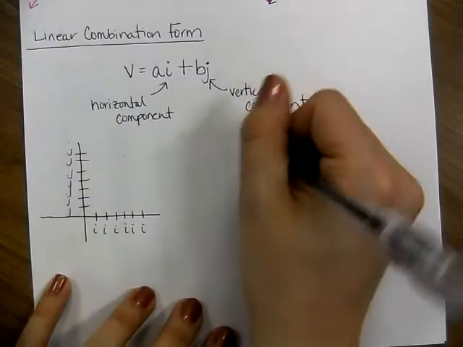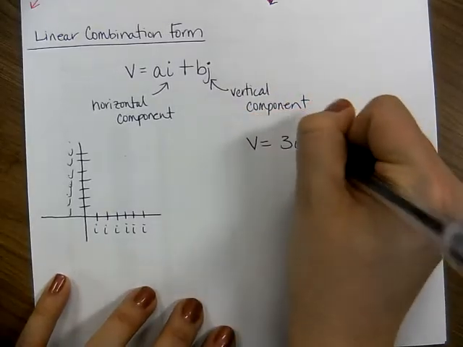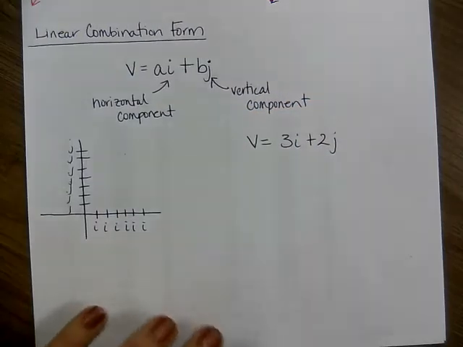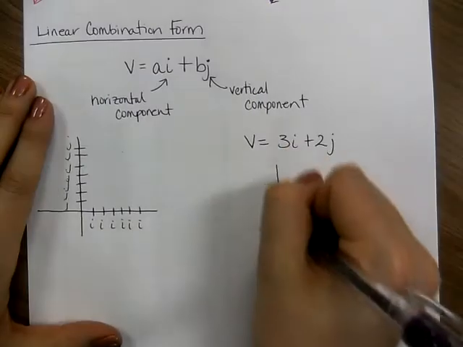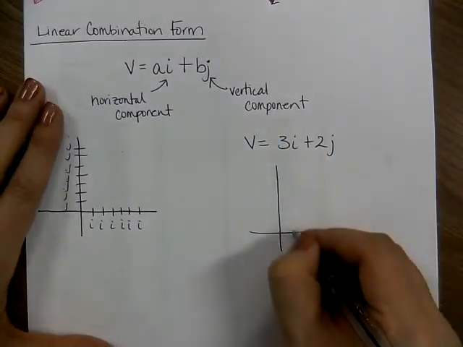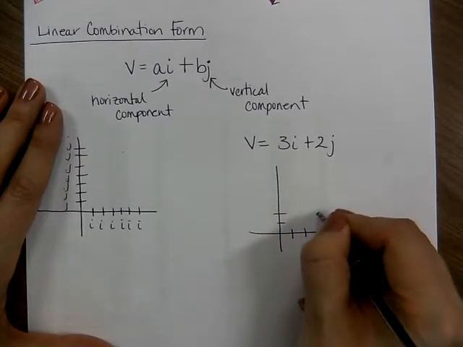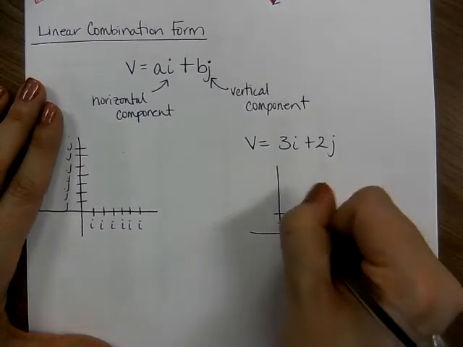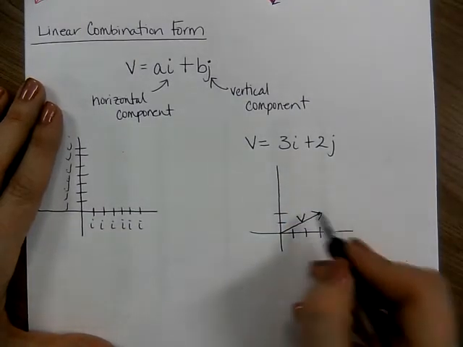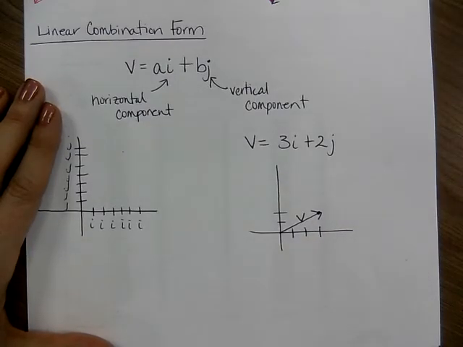So if I said V equals 3i plus 2j, then think about what this vector would look like. If you think about your axis, it would be 3 along the horizontal component and then up 2. So it would end there and start in standard position. So this would be vector V because it has a horizontal distance of 3 and a vertical distance of 2.